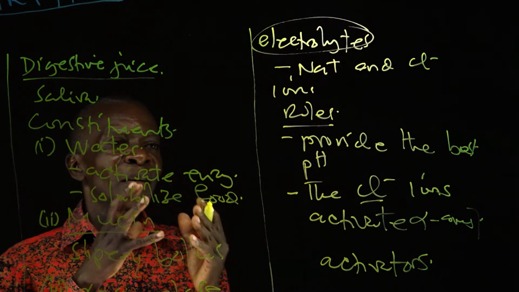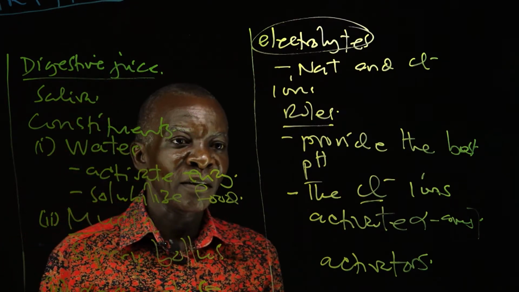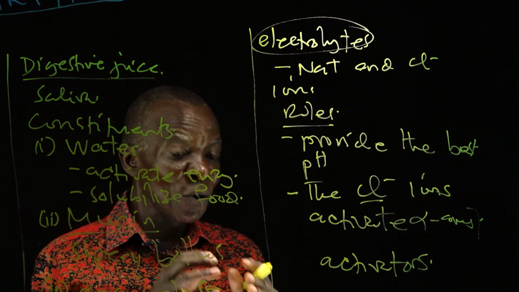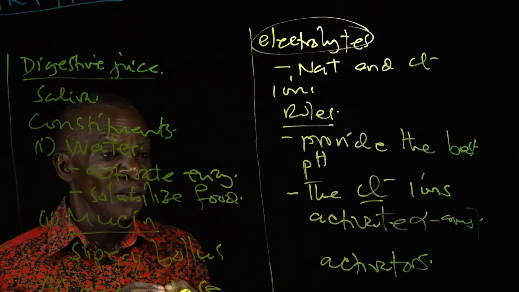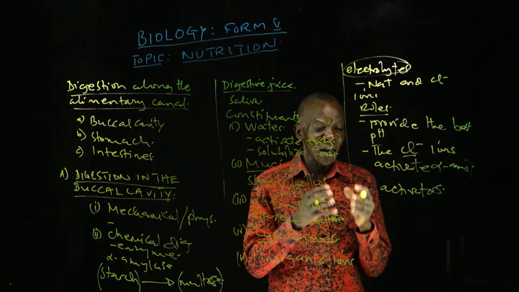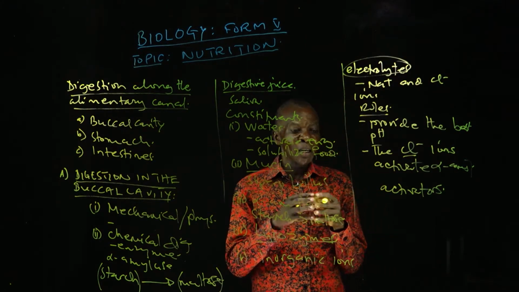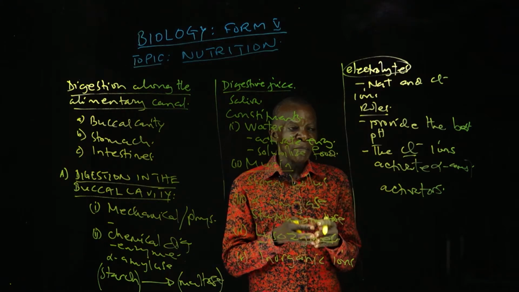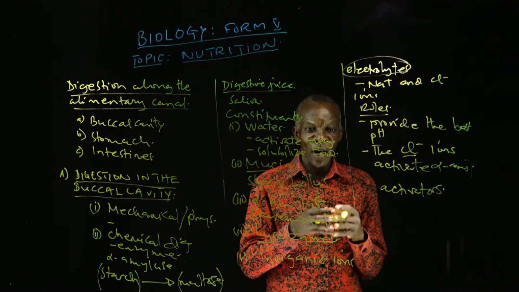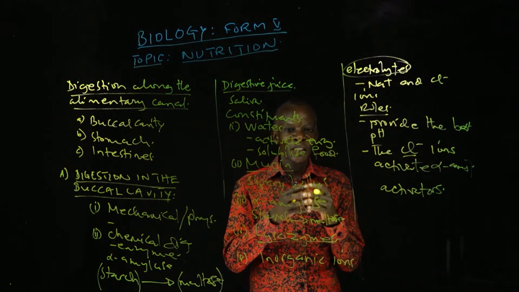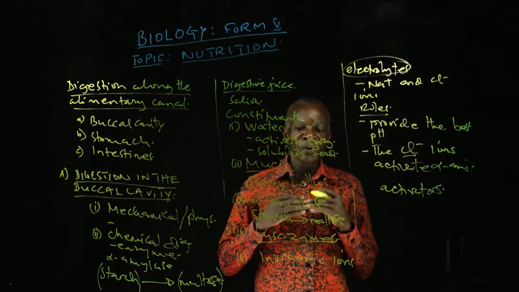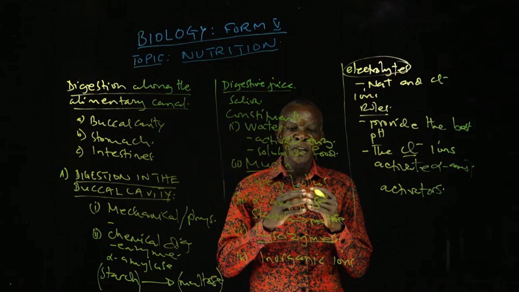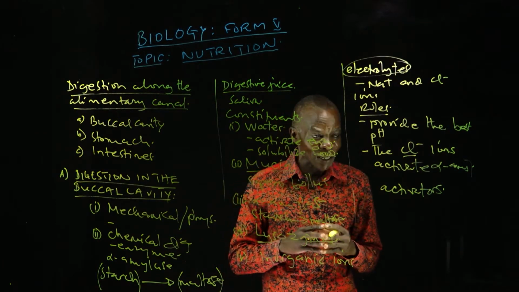Now, following digestion in the buccal cavity, the food, as I have said, is rolled by the tongue into a spherical shape. This is called a bolus, which is forced from the buccal cavity into the stomach through the esophageal pipe, I mean the esophagus.